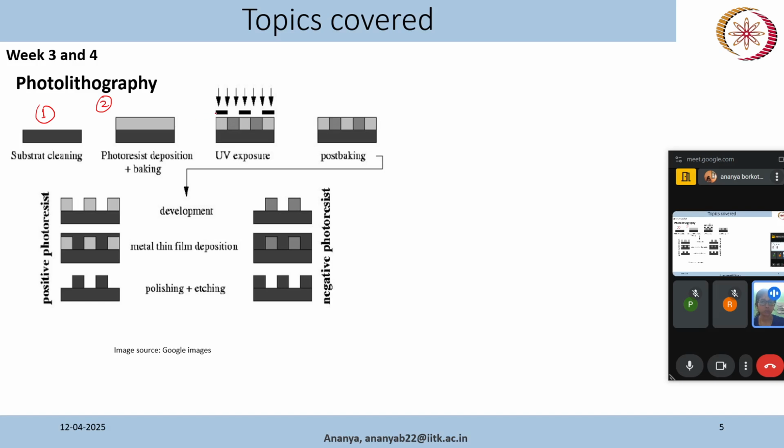Okay, so we'll do that, and then we will do UV exposure. And after UV exposure, we do something called development. Okay, post baking is optional in the case of many photoresists, but for some photoresists we may need it. Okay, so this is like a general process flow for the photolithography process.